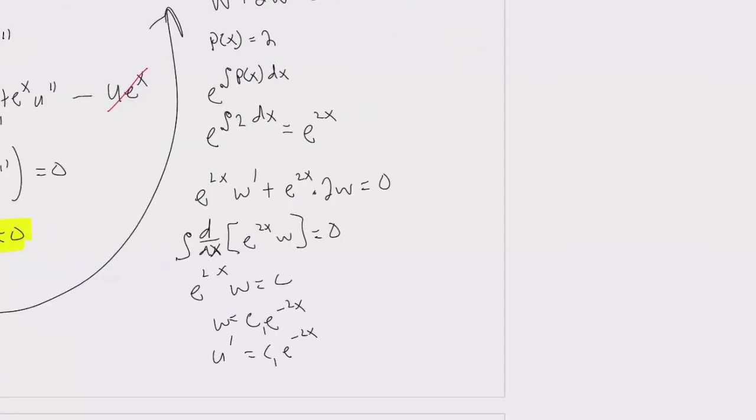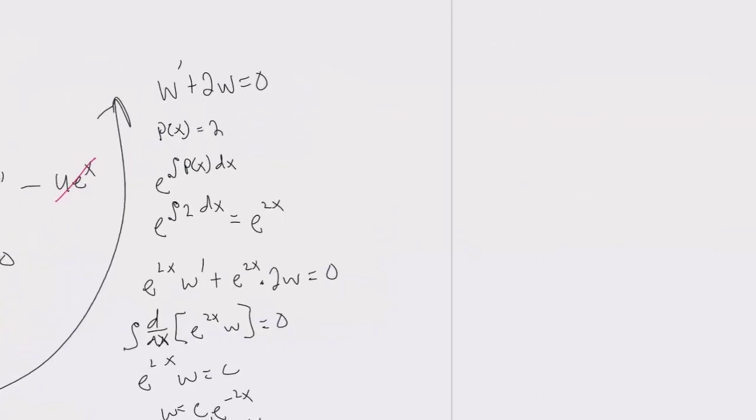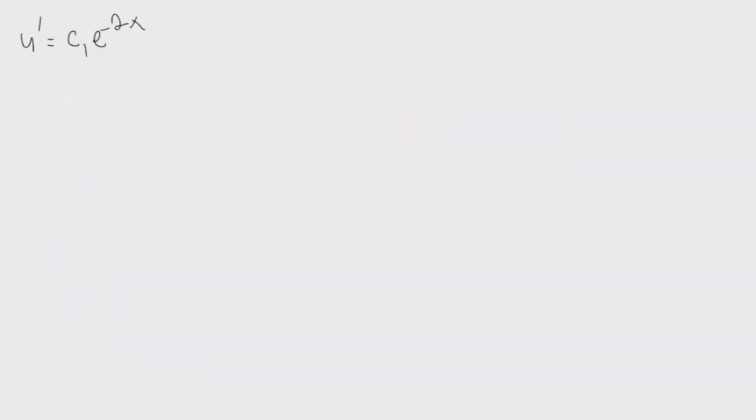Let me get a little bit more room here. All right, I'm going to copy this over. Okay, so if I integrate that, that's going to give me that u equals negative c1 over 2 e to the negative 2x plus c2, and then let's put that back into our general equation.